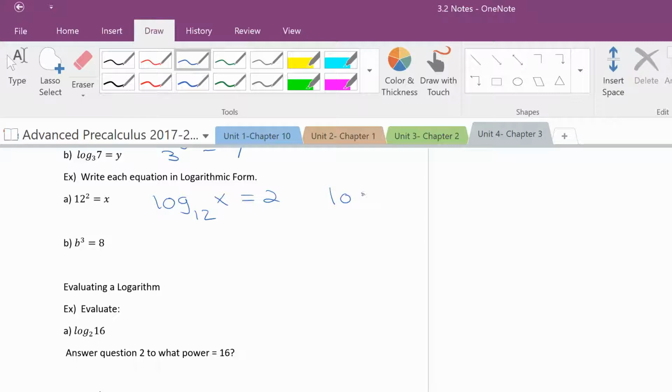So when you say it, you say log base 12 of x is 2. That's the proper way to say it. So here it's log base b of 8 is equal to 3.